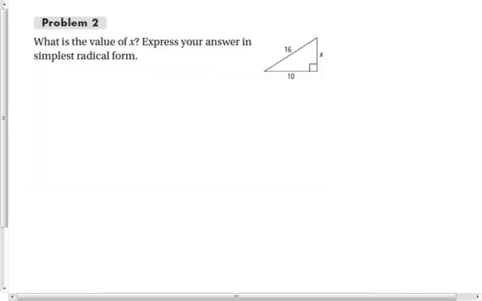All right, problem 2. Here we're going to find a leg of the triangle, and we're going to put the answer in simplest radical form. So again, Pythagorean's theorem, a squared plus b squared equals c squared. Substitute the values for the appropriate letters. A and b are legs, so that can be 10 and x.